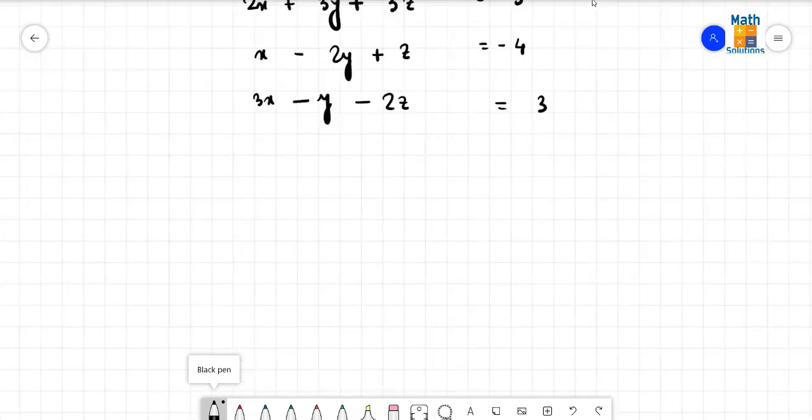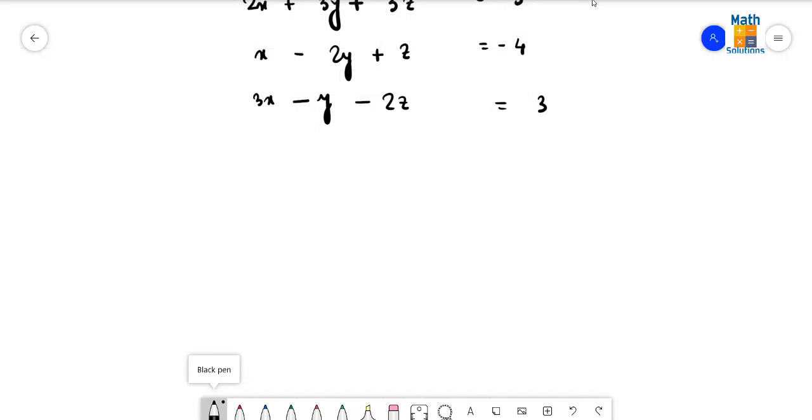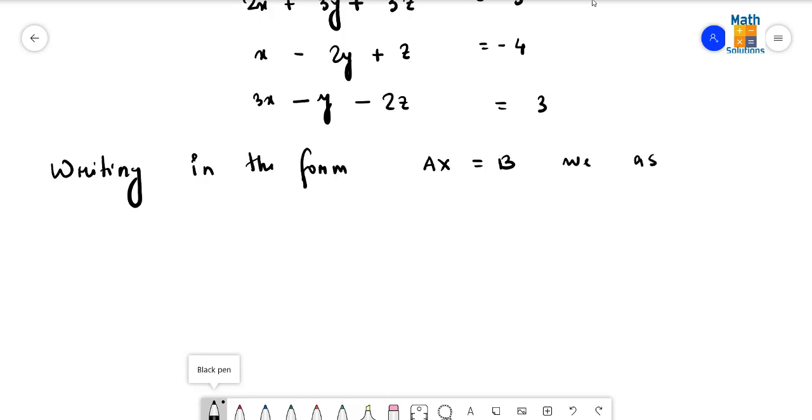Converting this into matrix equation form, writing in the form AX = B, we assume capital A as 2, 3, 3 from the left hand side of the first equation.